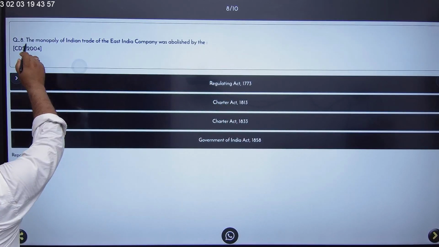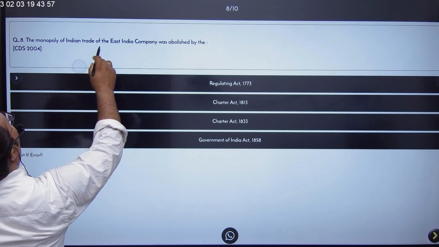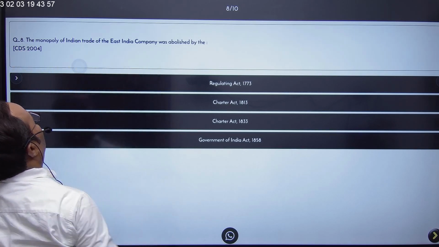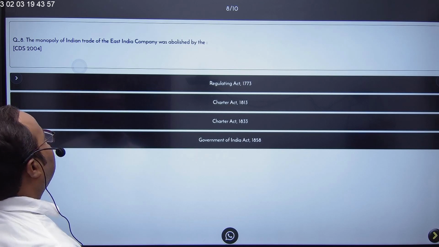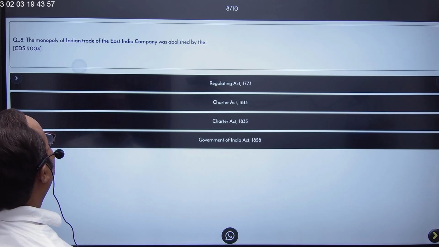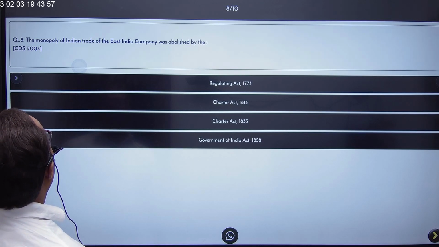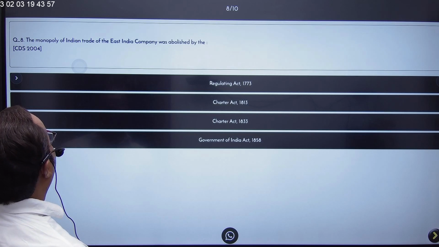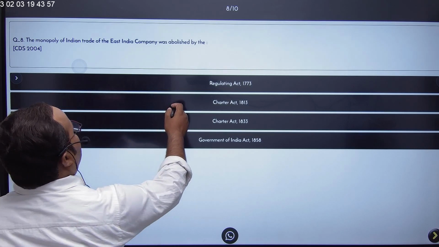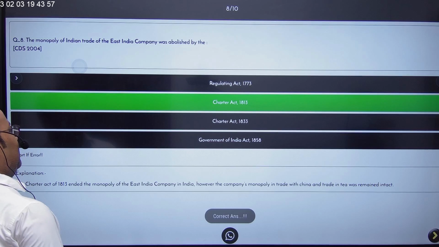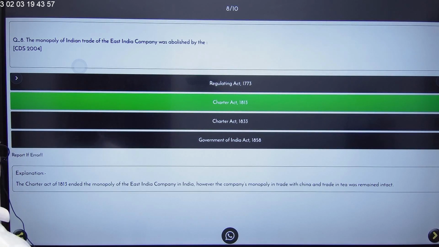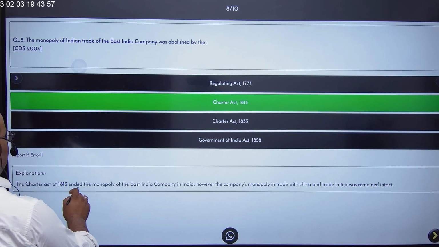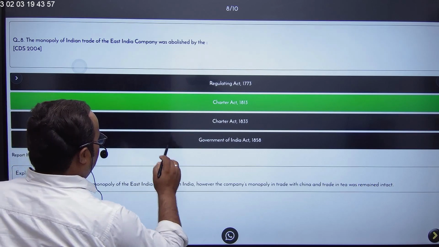The monopoly of Indian trade of the East India Company was abolished by the Charter Act 1813. The Charter Act 1813 ended the monopoly of the East India Company in India.